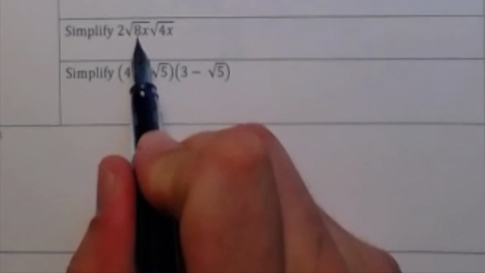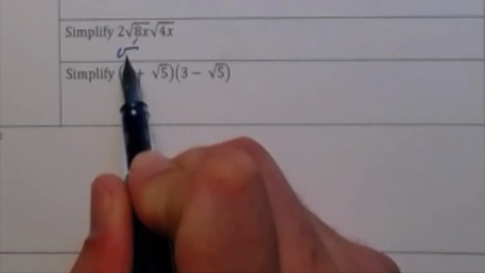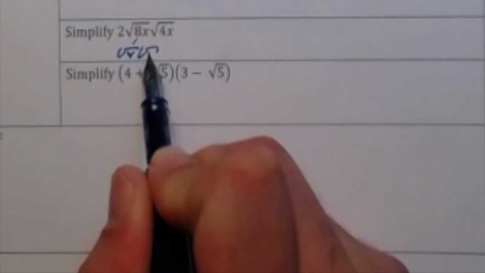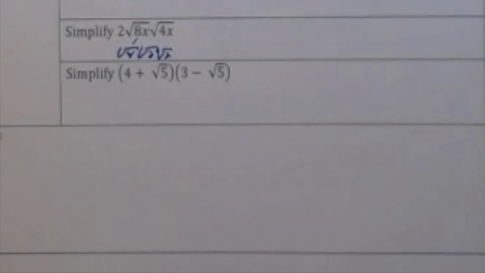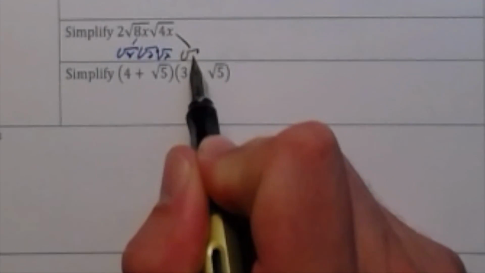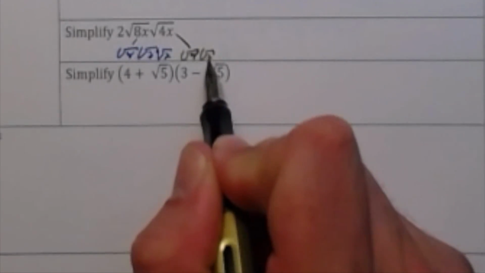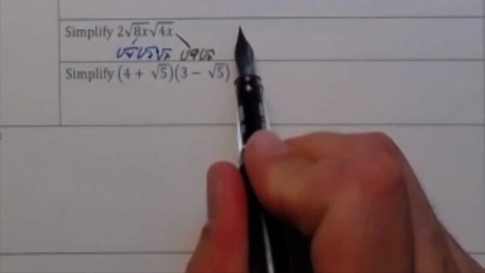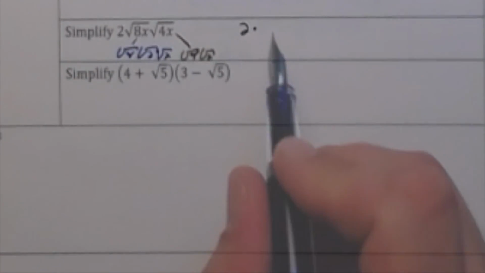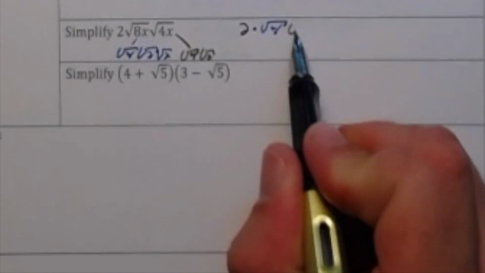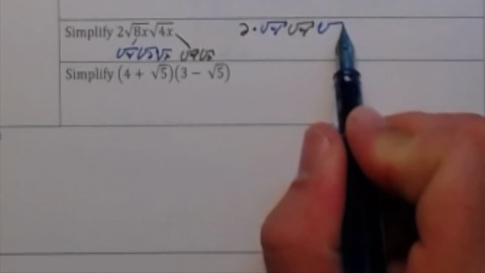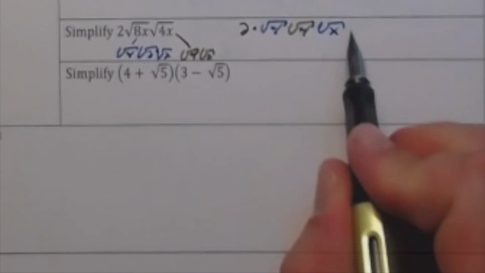Looking at 2 radical 8x times radical 4x, I want to break that radical 8x into radical 4 times radical 2 times radical x. I'm now going to break the radical 4x down into a radical 4 times a radical x. This is going to give me a 2 times radical 4 times radical 4 times radical 2 times radical x times radical x.